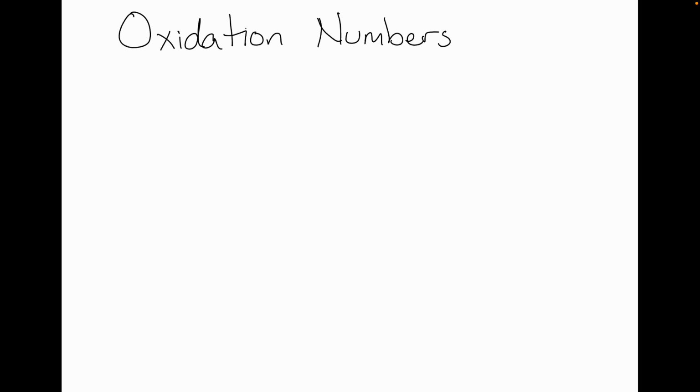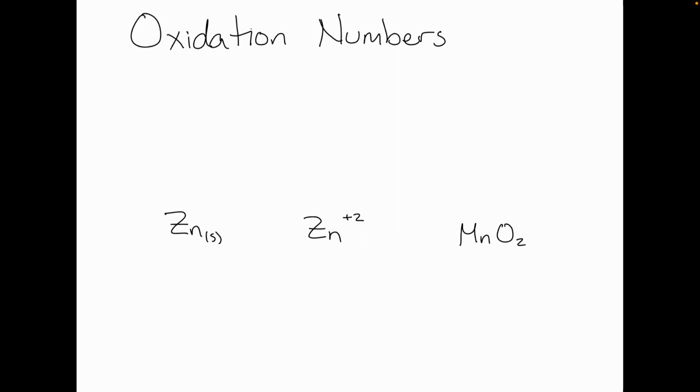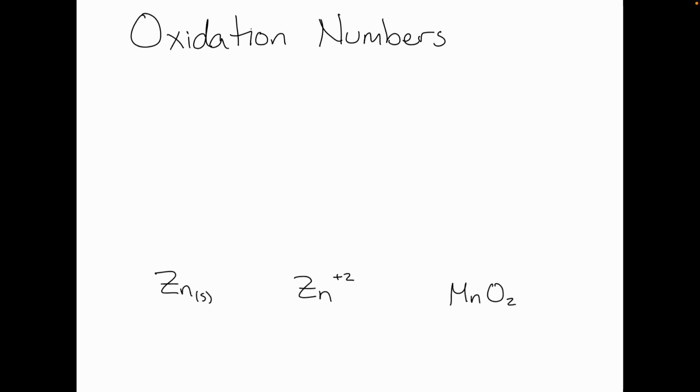We'll look at an actual reaction here in a second, but let's look at just some compounds all by themselves. All right, and so our goal is to calculate oxidation numbers for these compounds. All right, and we got some rules here that we got to know.